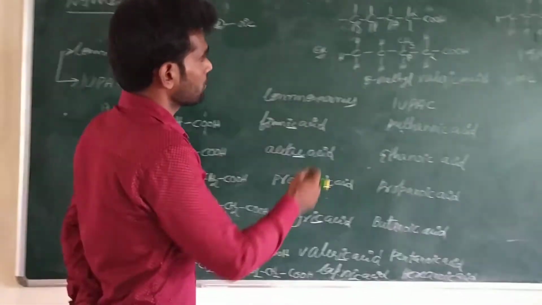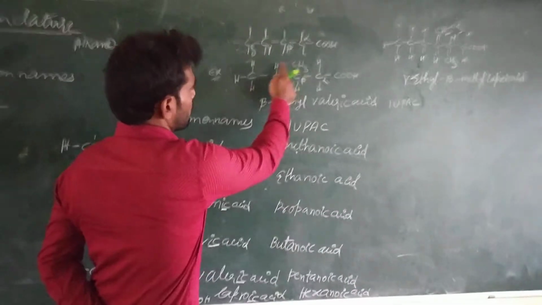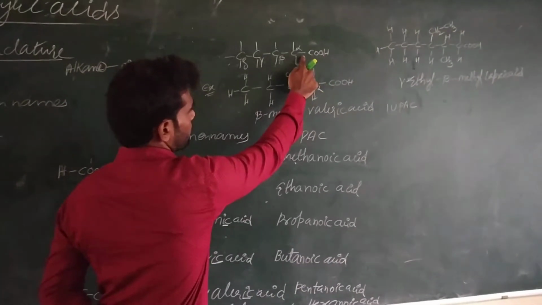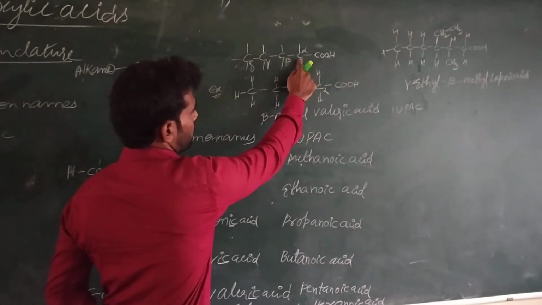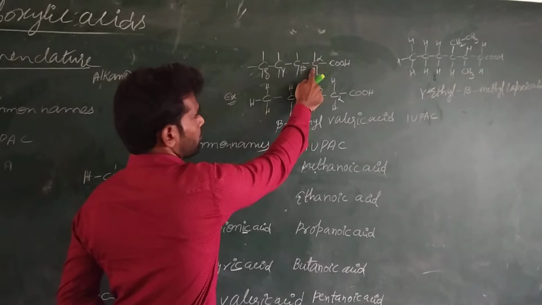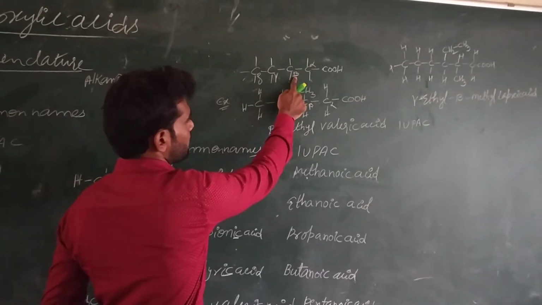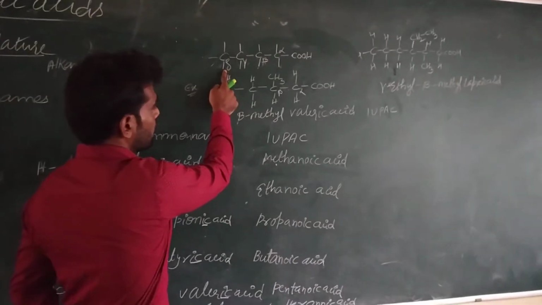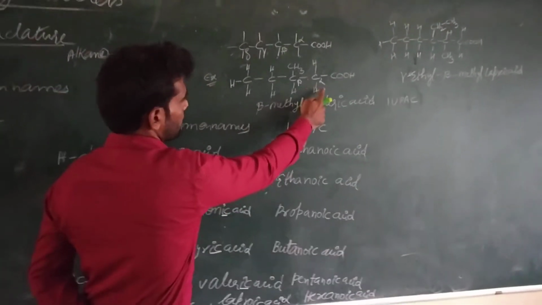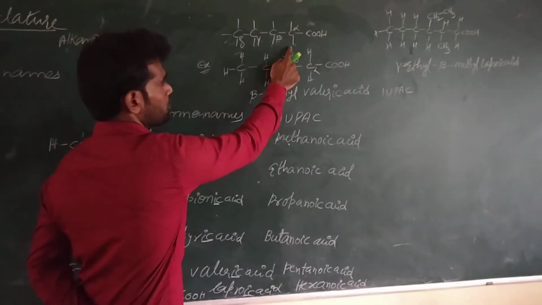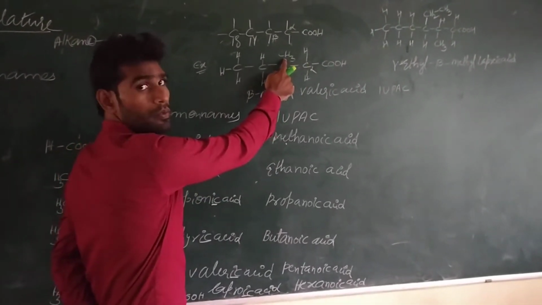Now, in the carboxylic acid, the carbon adjacent to the carboxylic acid is named the alpha carbon, then the beta carbon, gamma carbon and delta carbon. For example, at the beta position, one substituent group is there, that is a methyl group.